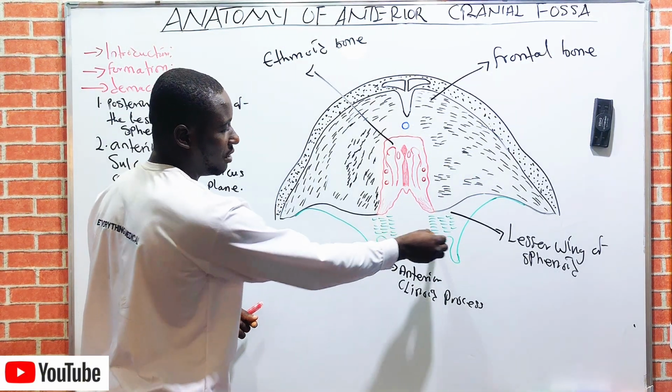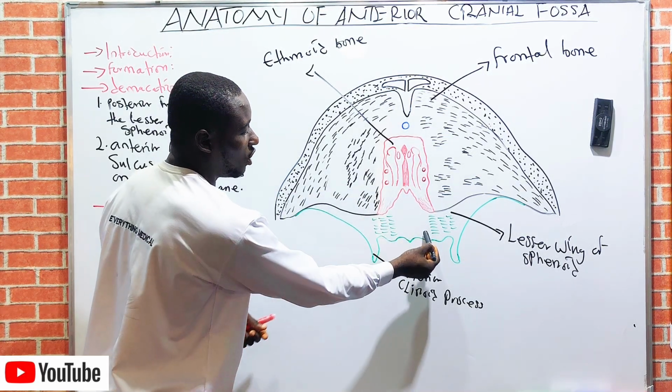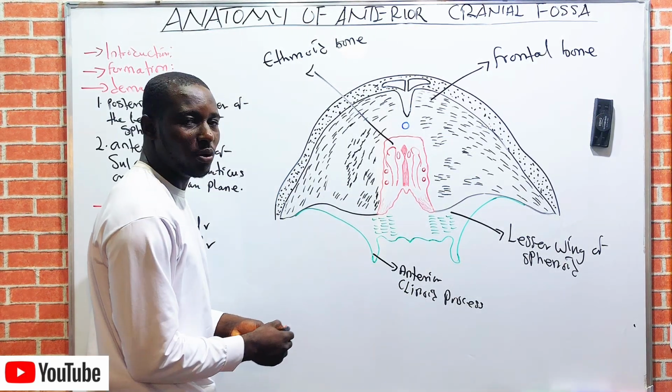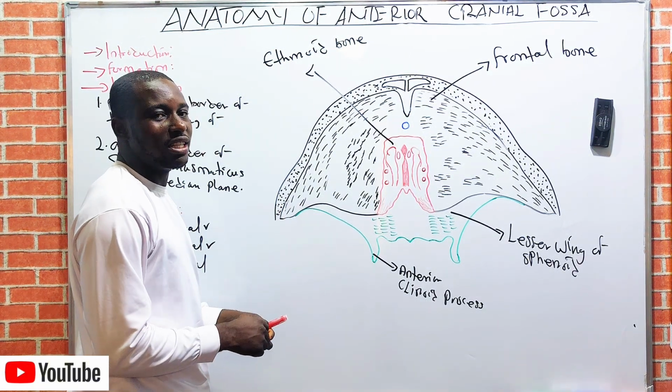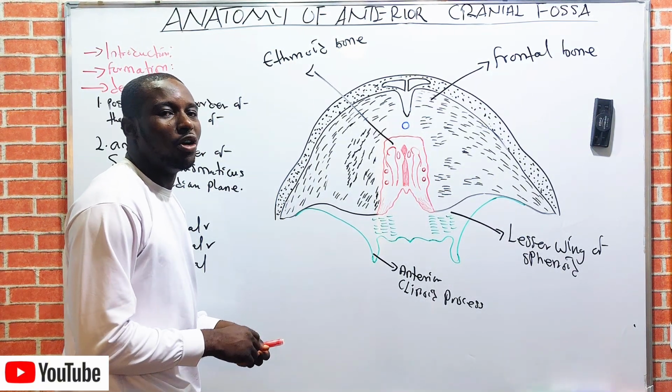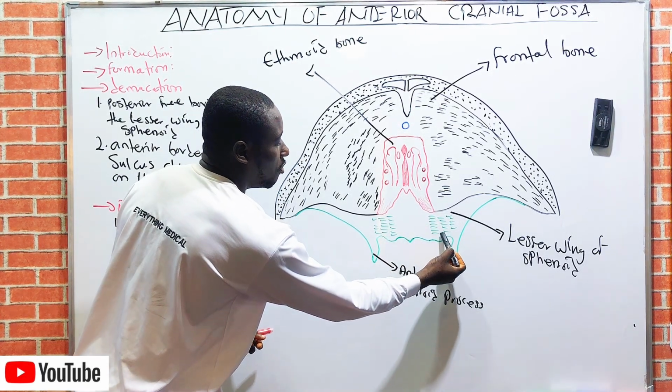So here is the limbus, located in this region. Recall that the sulcus chiasmaticus overlies this region.